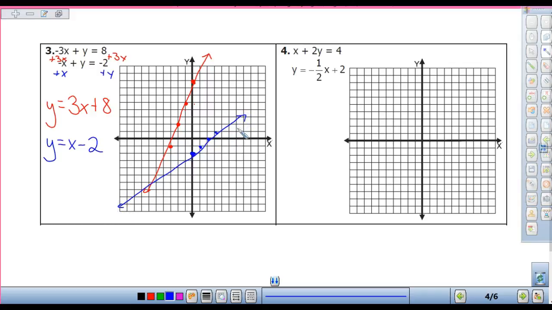Uh-oh. If my lines had been straight, where should my lines have intersected?